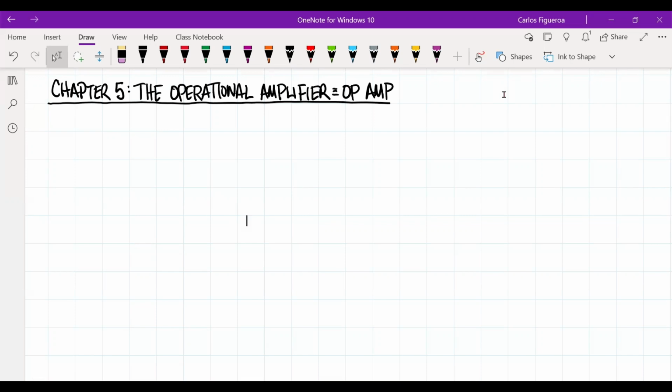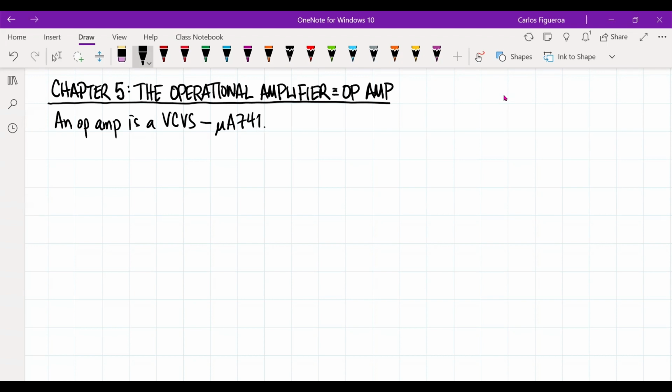Chapter 5, the operational amplifier, also called the op-amp. An op-amp is a voltage-controlled voltage source, and this is called the micro amplifier 741.